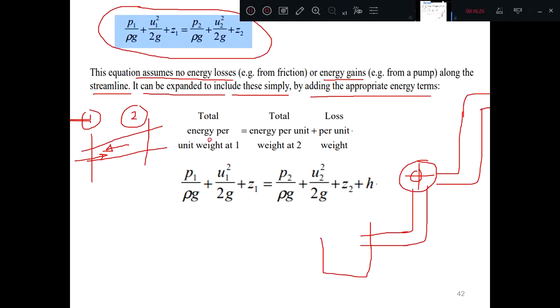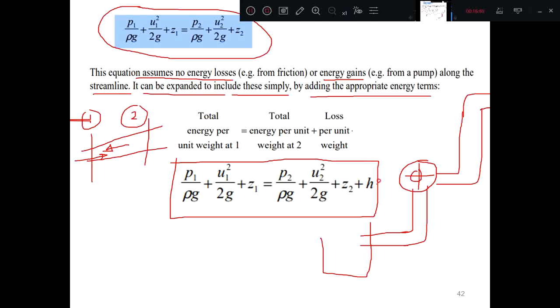If you want to include the energy losses, the total energy per unit weight at 1 is equal to the total energy per unit weight at 2 plus the loss per unit weight. You have to include the loss also. So at section 1 this is the equation, at section 2 this is the equation, plus H means energy loss.